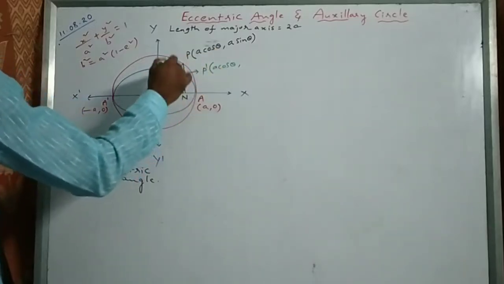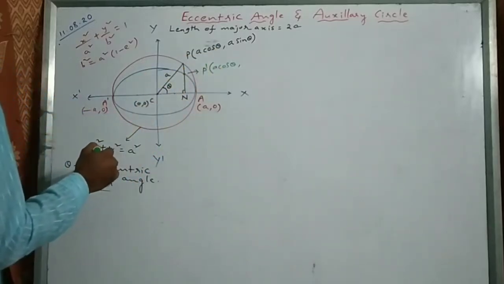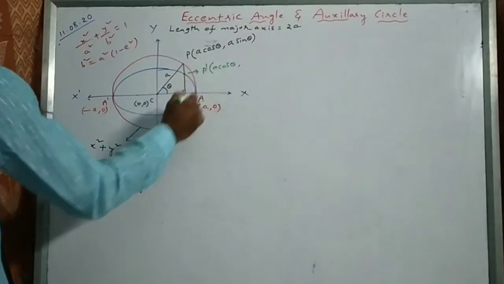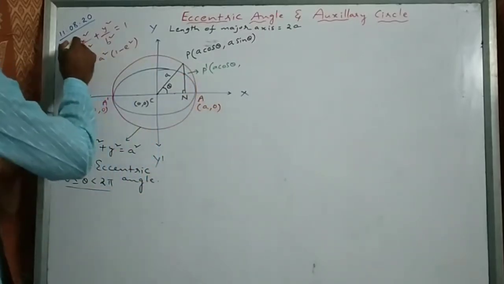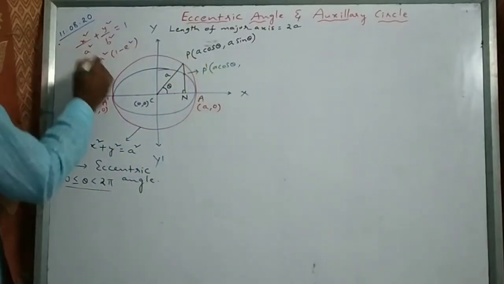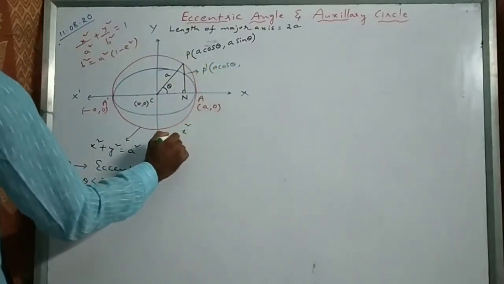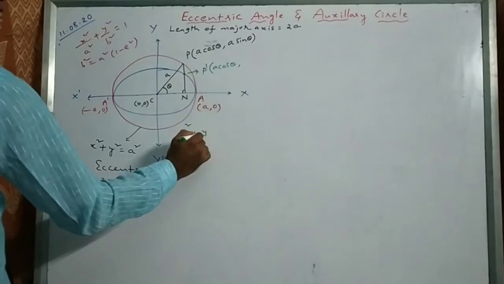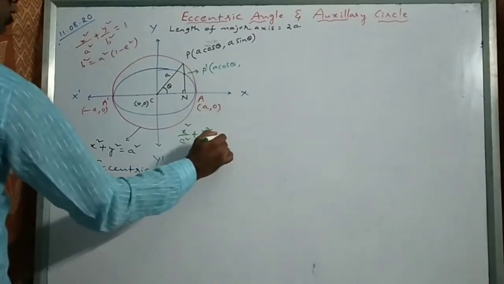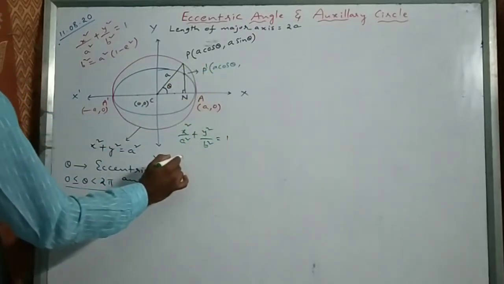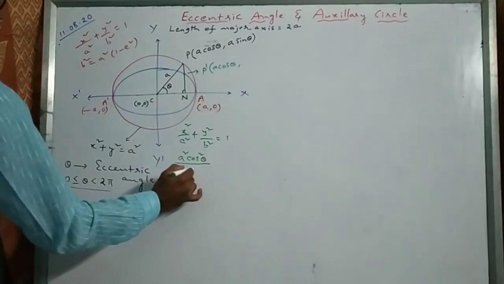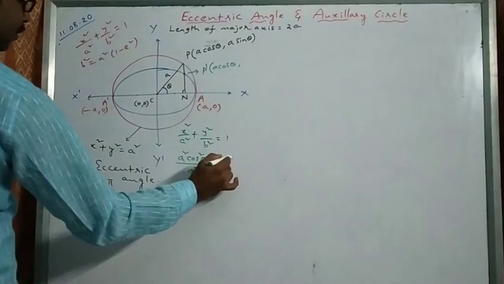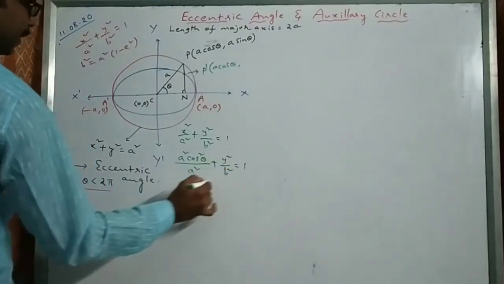How do you find y coordinate? Since a cos theta is on the ellipse, I will put it here in X square by a square plus y square by b square equal to 1. If I put that a cos theta here, a square cos square theta upon a square plus y square by b square equal to 1.